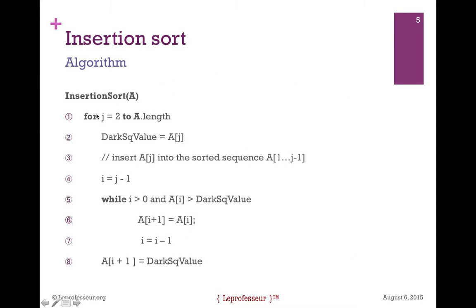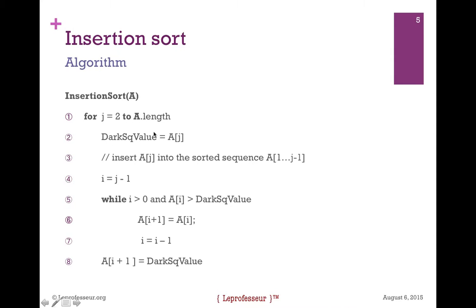The algorithm: we can write a for loop, and we start the first step. Remember, we started from position number 2, so we start our outer loop from 2, and it goes all the way up to the length of the array. J is the outer looping variable.